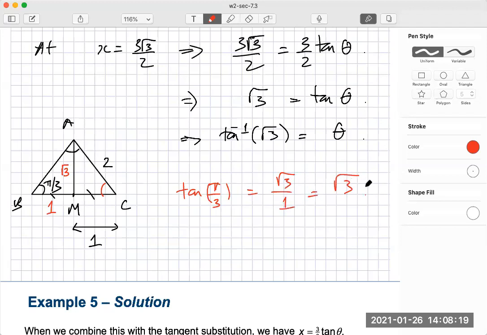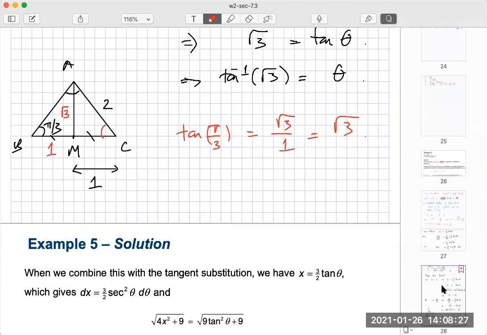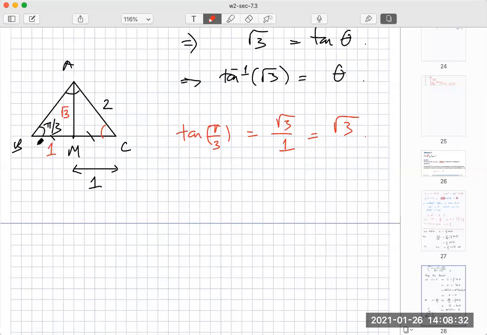Therefore, from this, we can memorize a lot of formulas. And we can do sine and cosine of some special triangle. This angle is half of pi over 3, which is pi over 6.